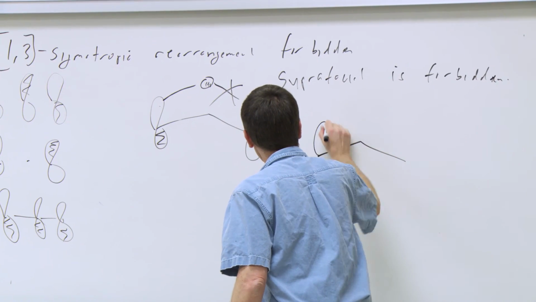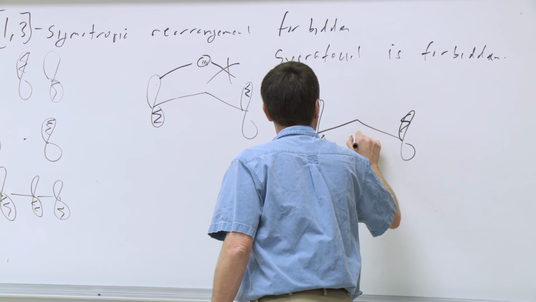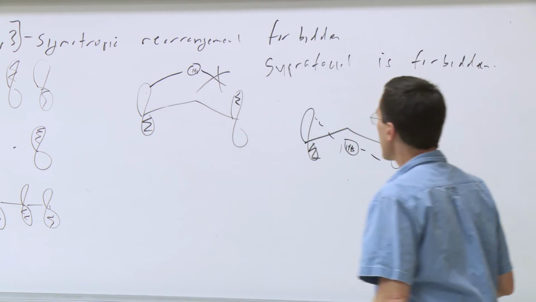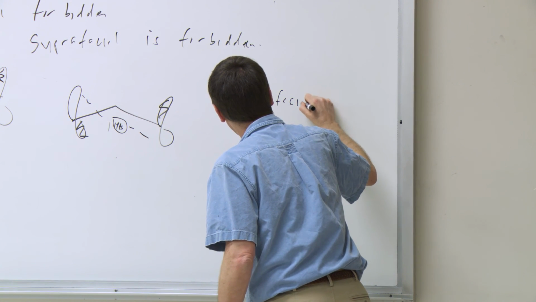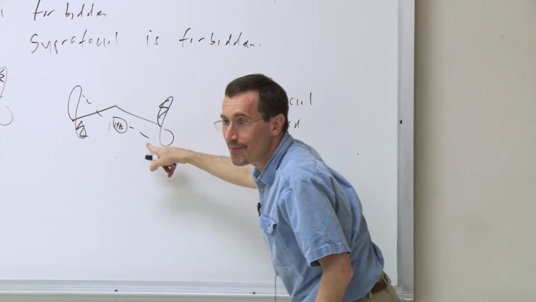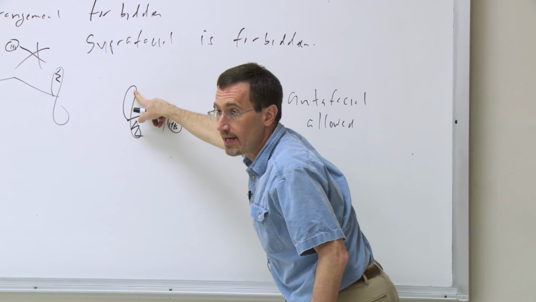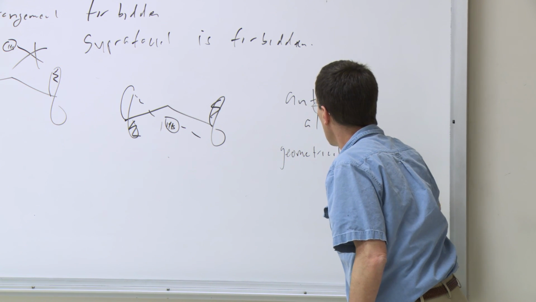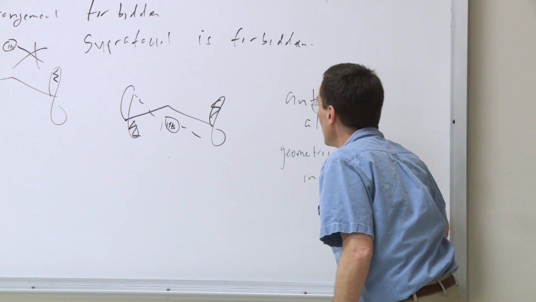And antarafacial, just say H1s, and antarafacial is allowed, but geometrically it's impossible because you just can't span from all the way here to all the way here. So I'll say geometrically impossible.